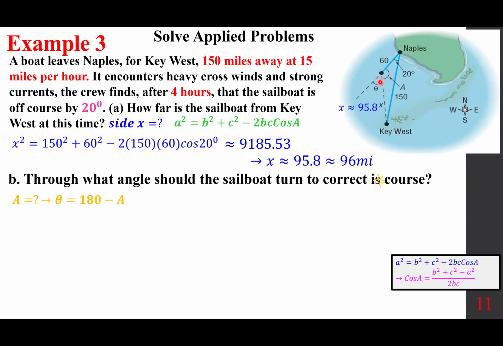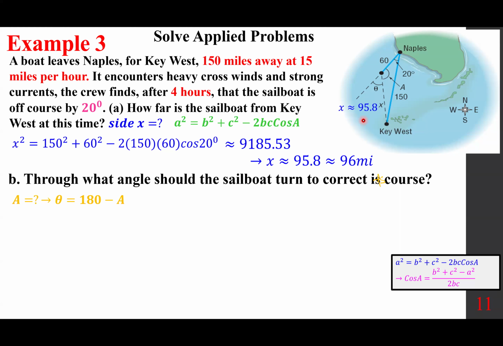And in this triangle, we can find A because we have all three sides, everybody, right? We have this side, and we found this one to be 95.8, 96, whatever.